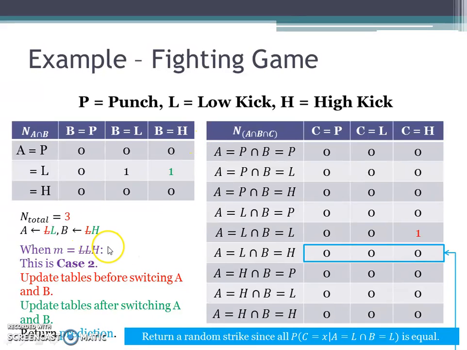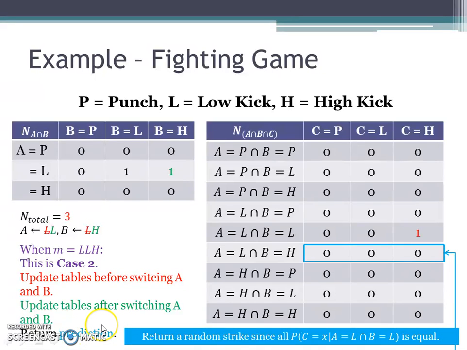We increase this value because for the number of occurrences for A equals L and B equals H, we have found one case, so this is updated. Then we have to return our prediction.